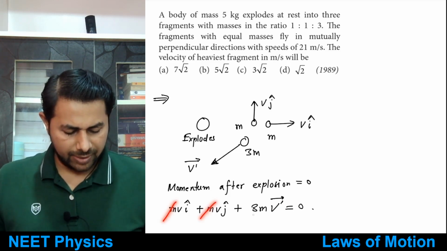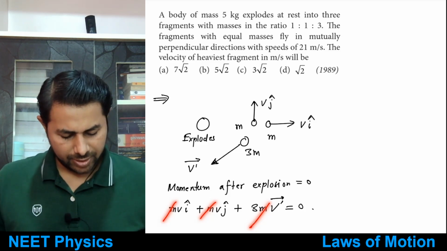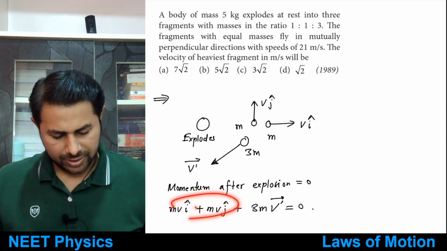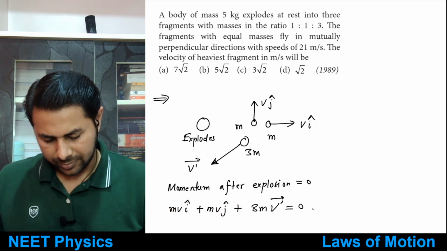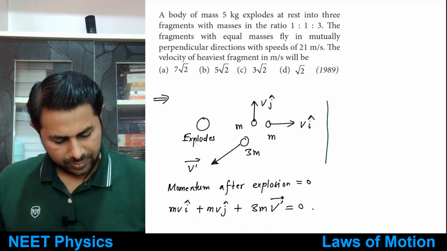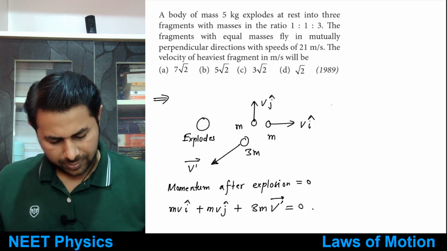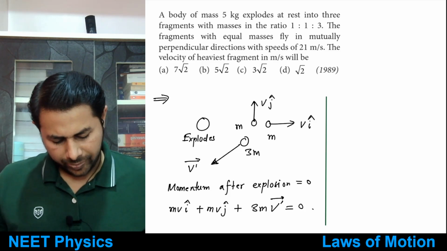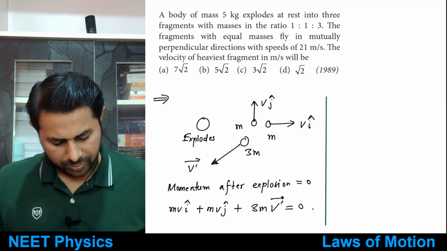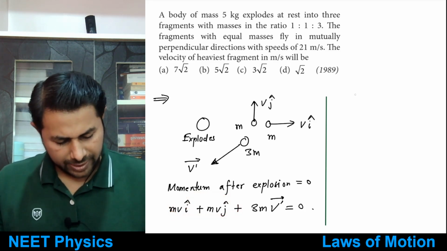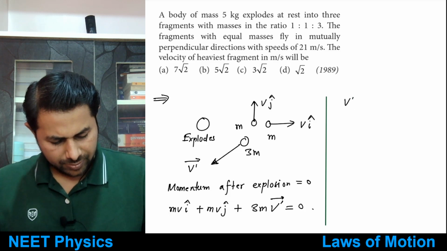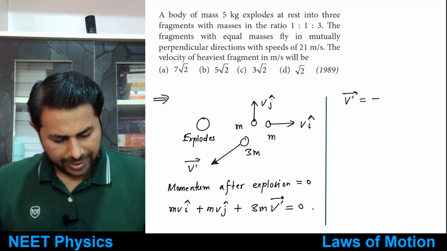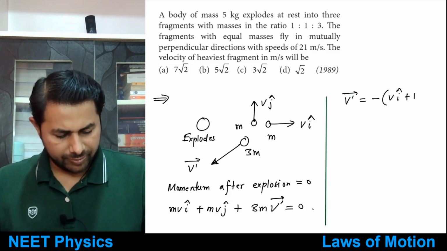Then you can cancel out m from everywhere, and then you can move this thing to the other side, so you will get v dash bar is equal to minus of v i cap plus v j cap.